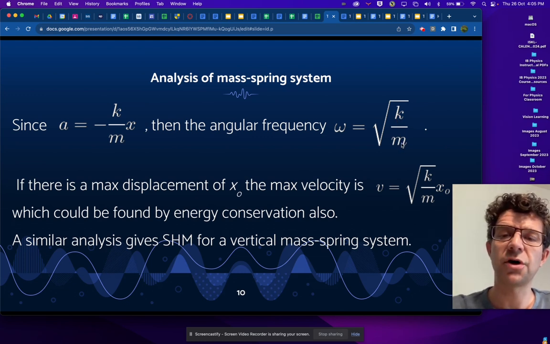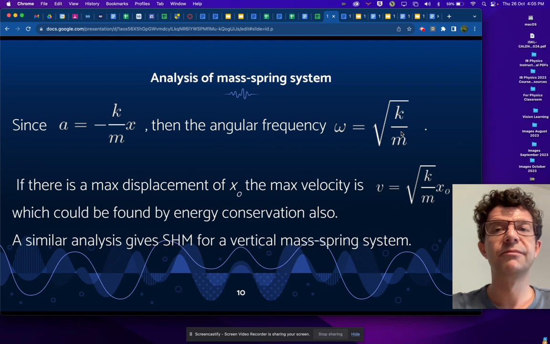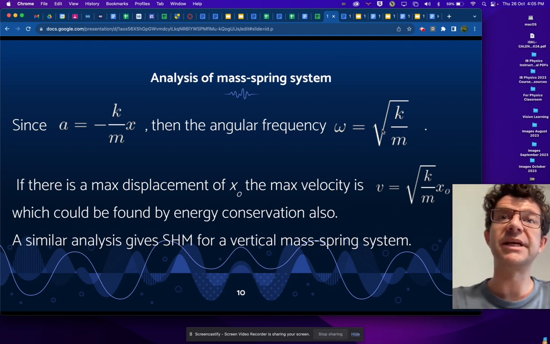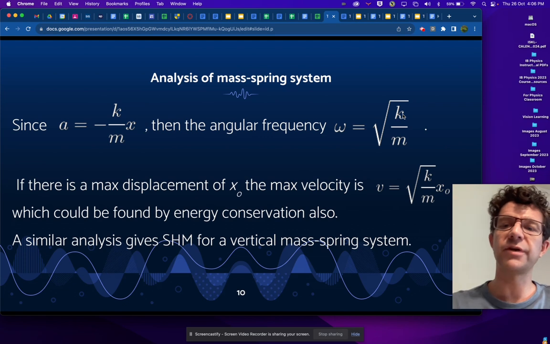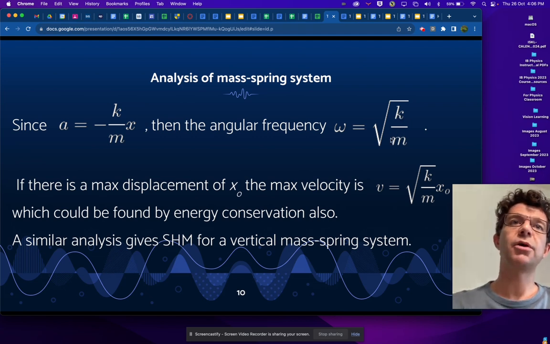It's probably not too hard to sort out what you would expect from your experience with masses and springs. Larger spring constants will give you larger restoring forces, which will increase the rate at which the mass is brought back to center when it's displaced, and larger masses will cause it to respond more slowly.